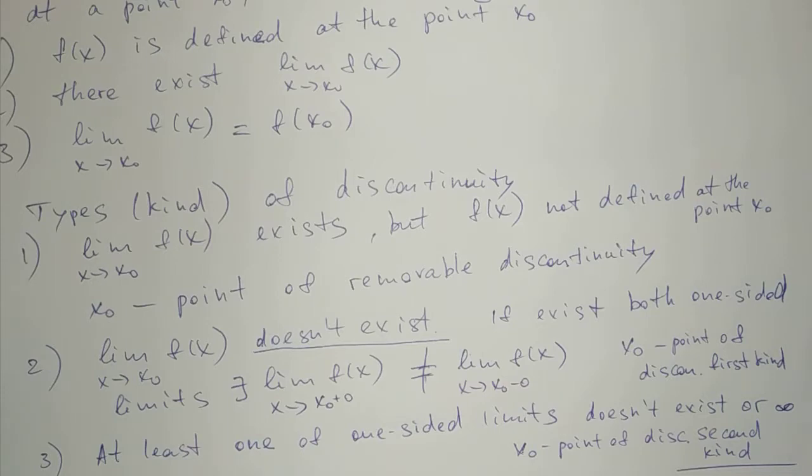The second one is if the limit doesn't exist but both one-sided limits exist and they are not equal. In this case, we call x0 a point of discontinuity of the first kind. And if at least one of the one-sided limits doesn't exist or is equal to infinity, we call x0 a point of discontinuity of the second kind. Now we will consider some examples of these types of discontinuity.